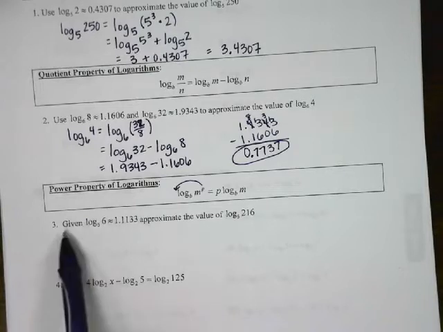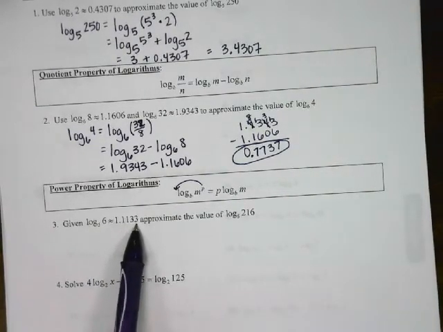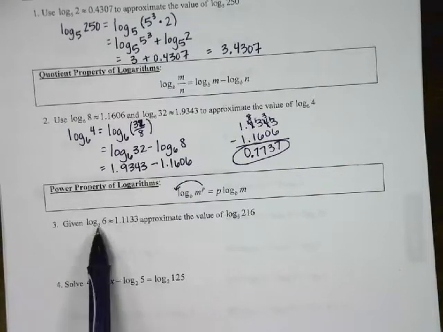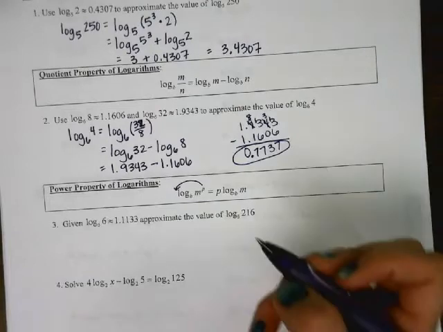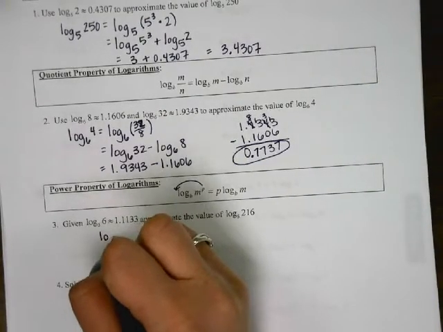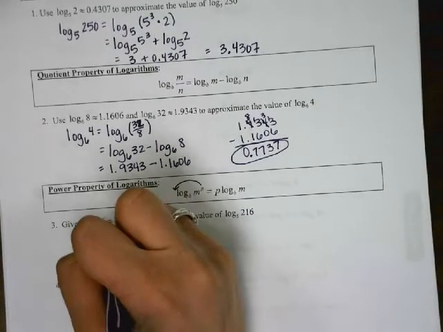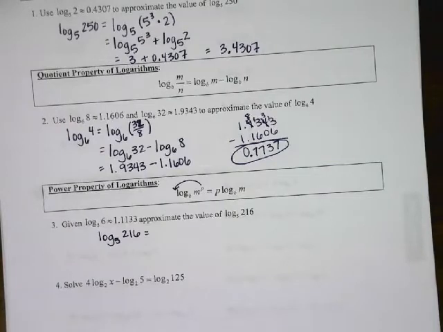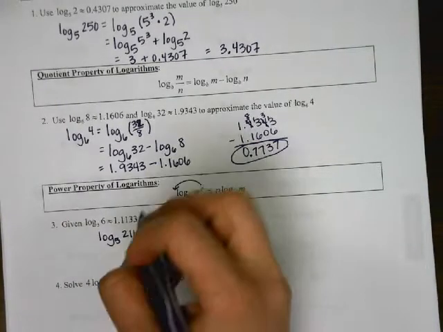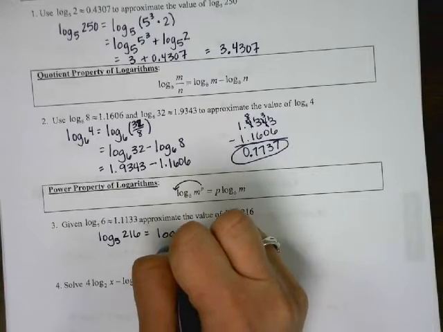All right, so it says given log base 5 of 6 is 1.1133. Again, 5 to the 1.1133 is 6. Approximate the value of log base 5 of 216. So I can use the numbers 5 and 6, and I want to rewrite the number 216. Well, I know that 216 is 6 to the third power. So this is log base 5 of 6 to the third.